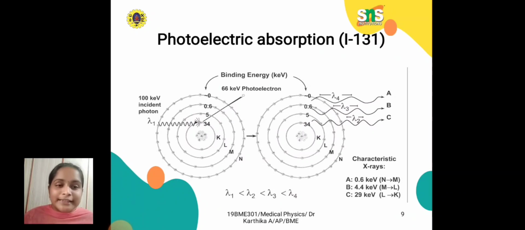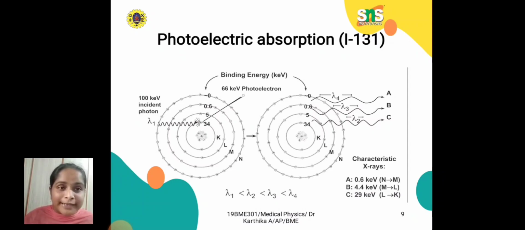This is a very clear example of photoelectric absorption. The first circle indicates the 100 kiloelectronvolt incident photon, and the second shows how the energy is transferred.